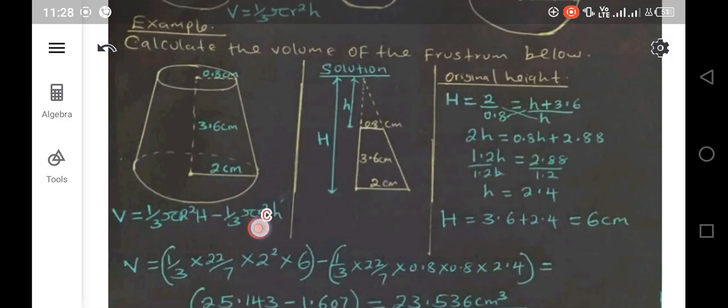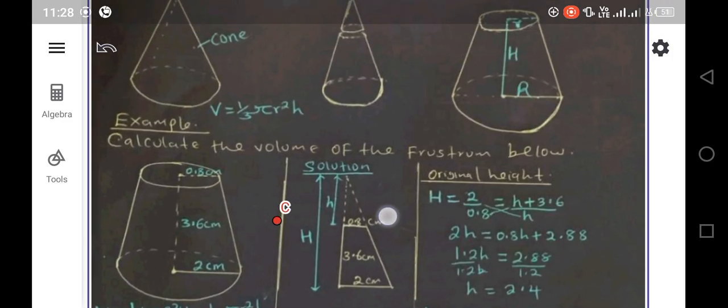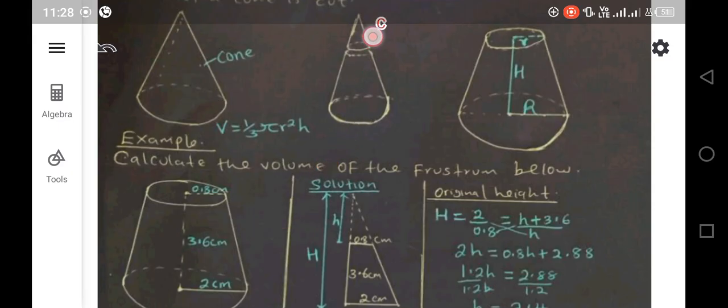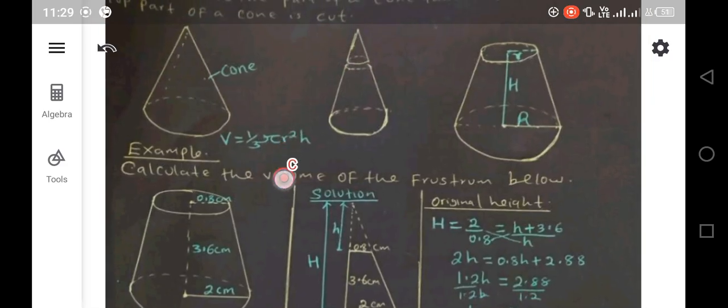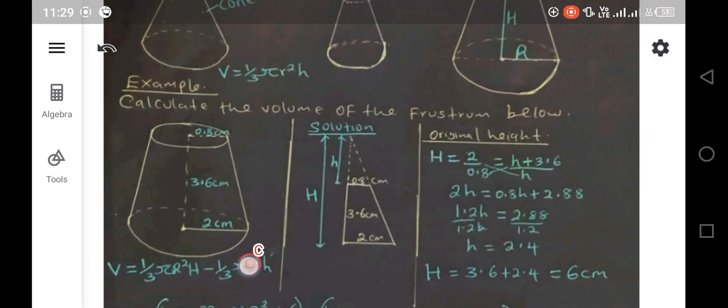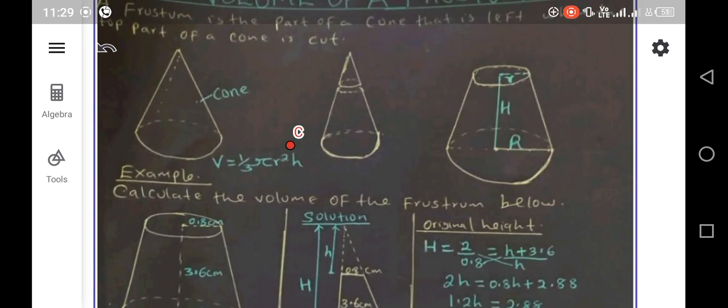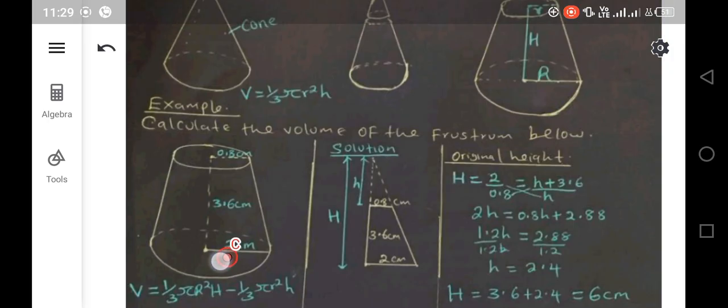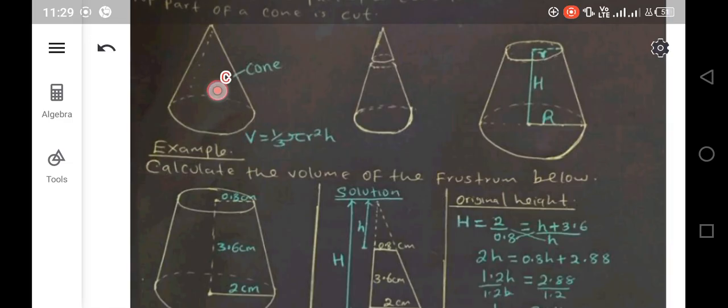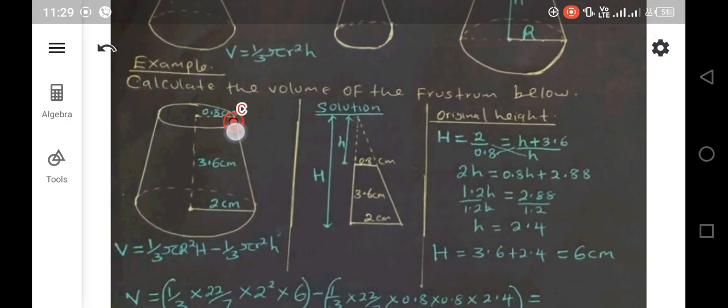This second volume is the volume of the top part of the cone that was cut off. So this formula matches the volume of the top part, and the first, a third pi r squared h, is equal to the volume of the original cone. Now let's calculate the volume of that original cone.